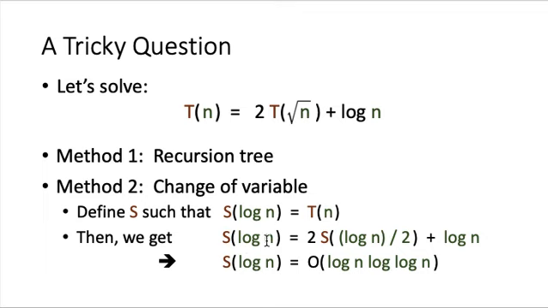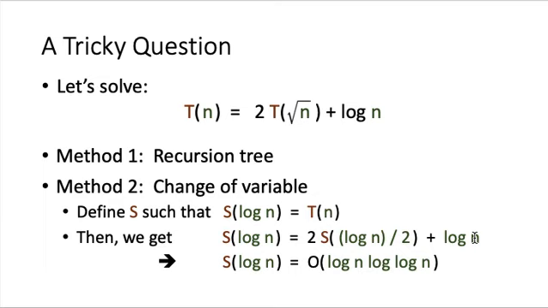Now if you look at this, isn't it something familiar? S of something is equal to 2 times S of the same something divided by 2, plus that something. So S of m is equal to 2 times S of m over 2 plus m. If you recall, this is the same recurrence formula that we use for merge sort.